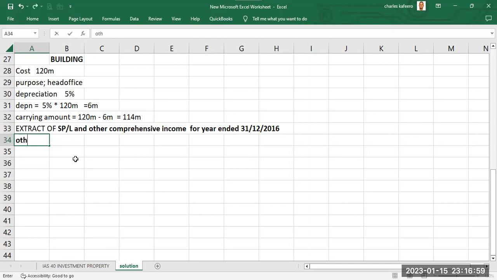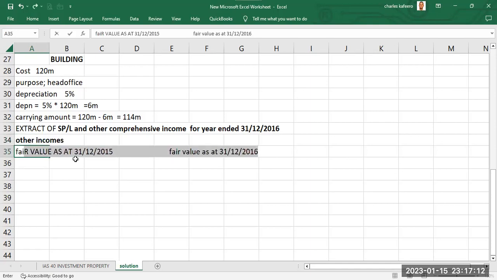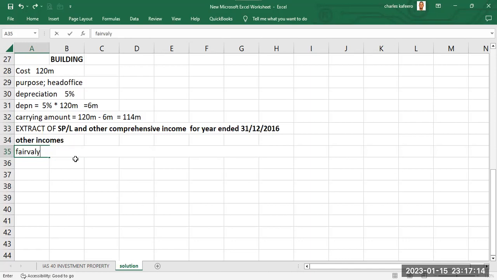Then we have the other incomes after gross profit. We have the fair value gain that we got from the investment property, that is land 1.